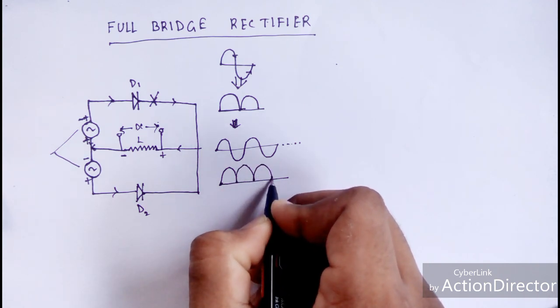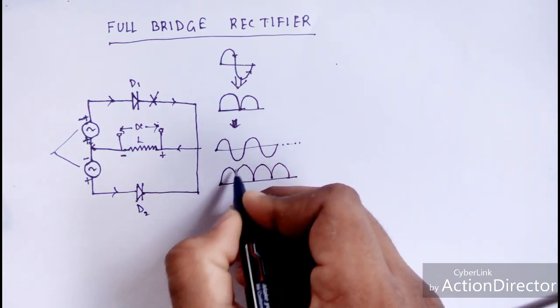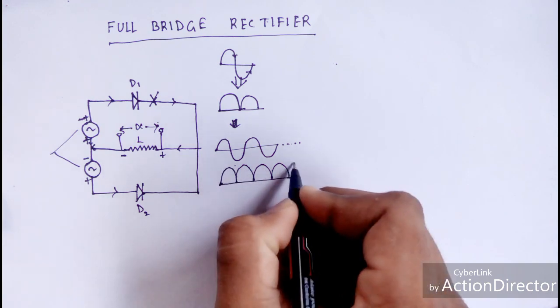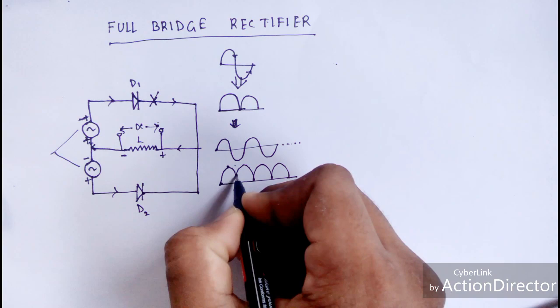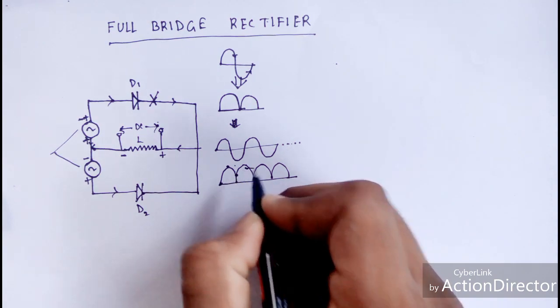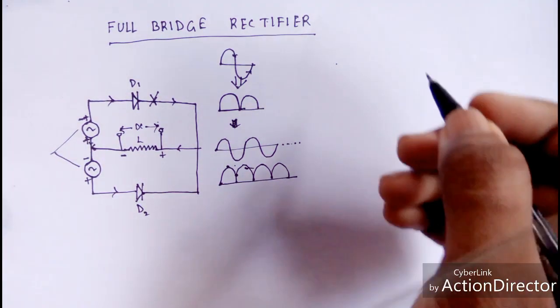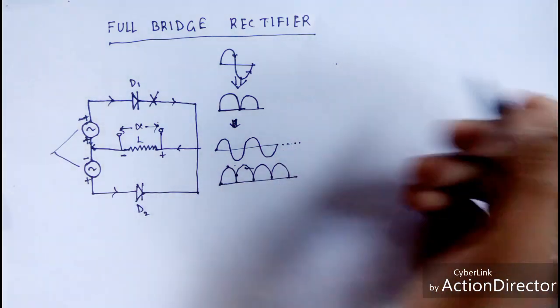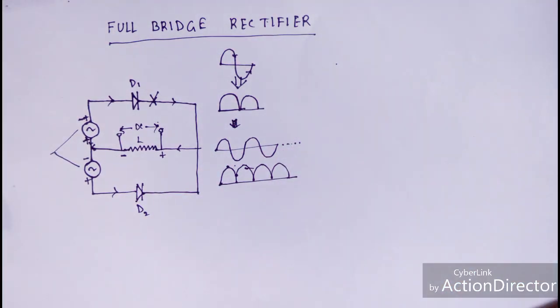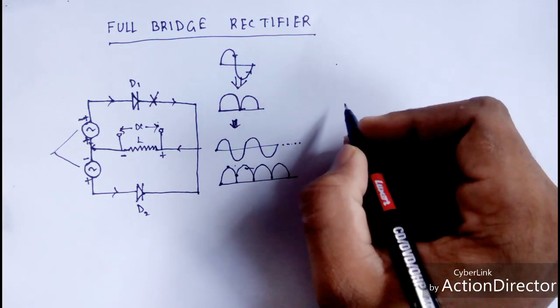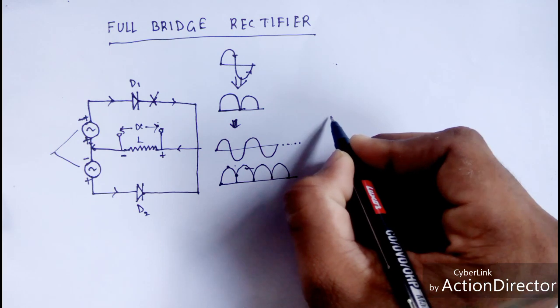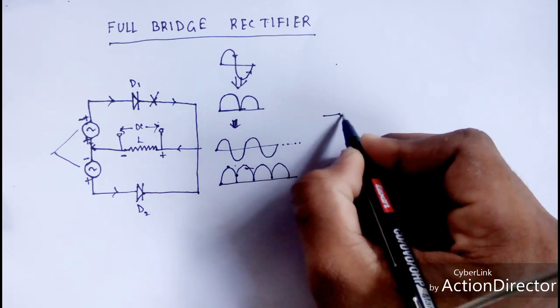But you can see that there is a lot of fluctuation in this part of DC, because here the voltage is very high, here the low, here the mediocre, etc. Now we have to stabilize this ripple. So to stabilize the ripple, we have to add a capacitor across the load in parallel. So let's add a capacitor.